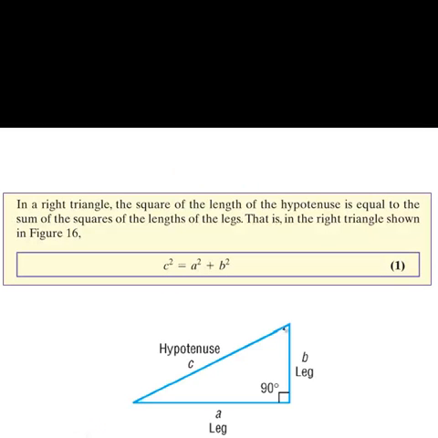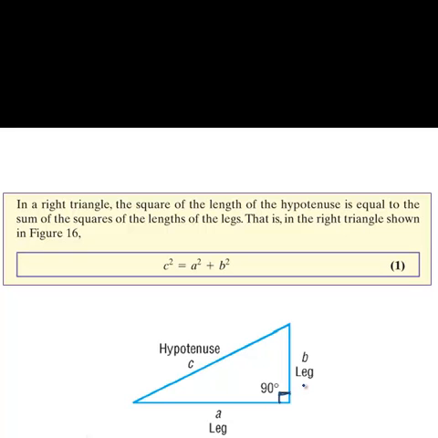And here it is. We've got a right triangle. How do we know it's a right triangle? Well, we're not always going to be told that this angle is a 90-degree angle. Every right triangle has a 90-degree angle. But we will usually see this little notch, this little square right there in the corner, indicating that that angle is 90 degrees, and therefore the triangle is a right triangle.